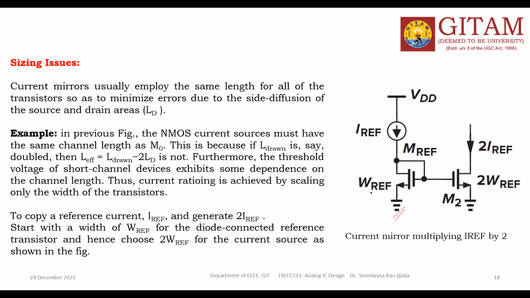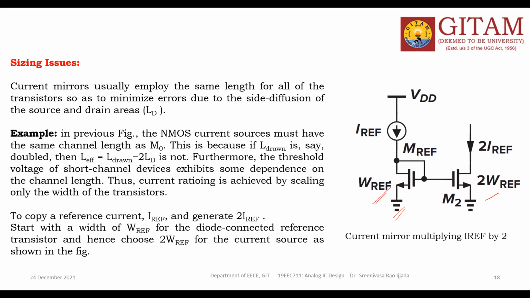This device width is, let us say, W reference. To get double the current, this device width is twice that of this device.